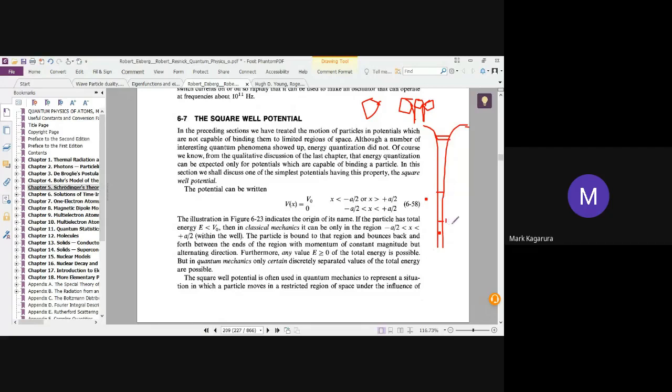So we can call that E1, then maybe E2, E3. Then when that electron is above here, you have a continuum of these energy levels. To the electron, that is infinity when it's free. And then this is your electron, trapped up within that well.